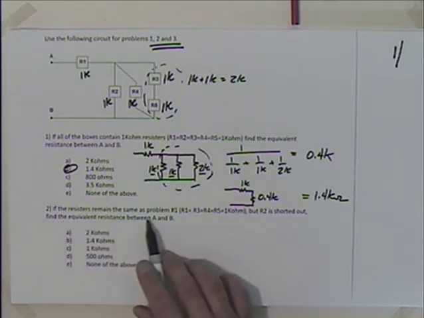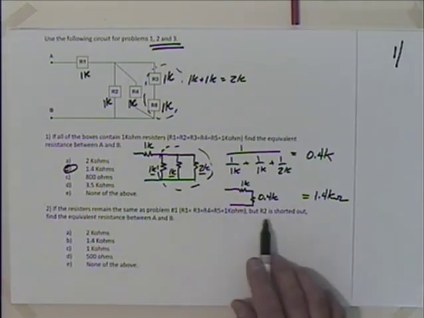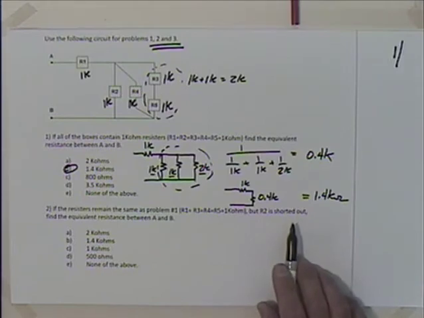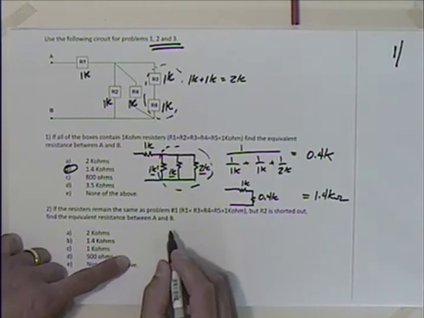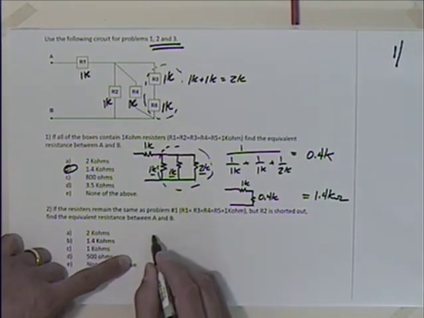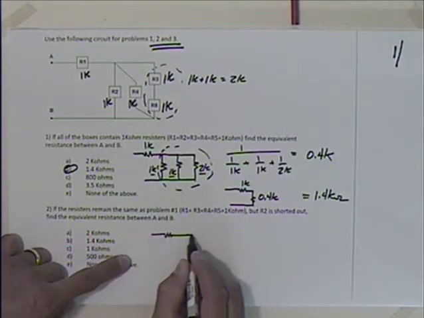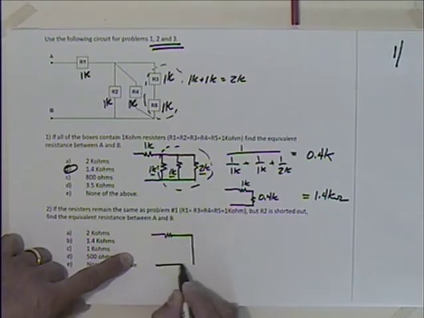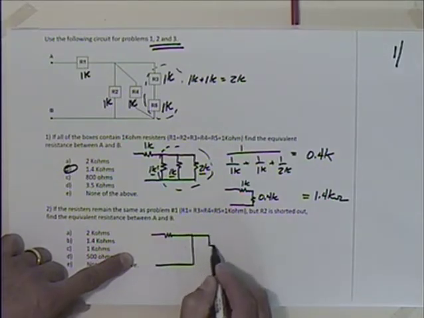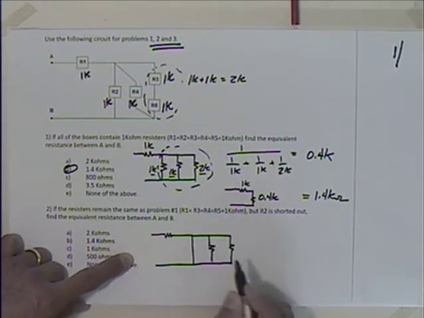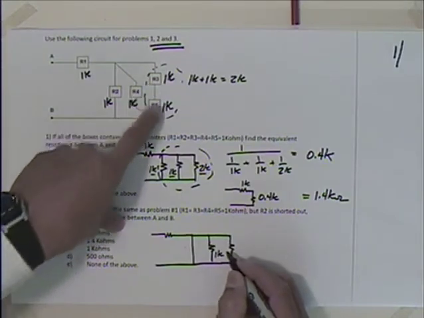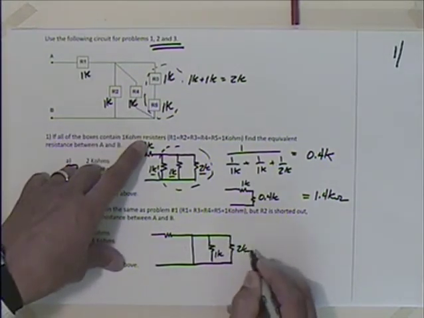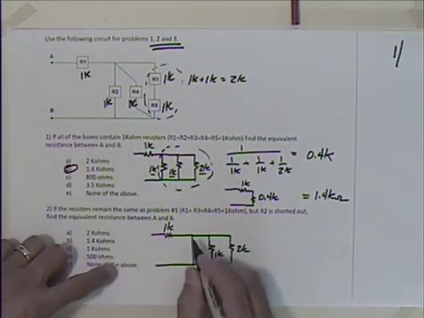If the resistors remain the same as in problem number 1, but R2 is shorted out, so we put a short in here. So in essence, we've got something that looks like this. R2 is shorted out, and then we have a variety of resistors here. This R4 would still be 1K. This combination here would still be 2K, and this would be 1K, but we have this short.